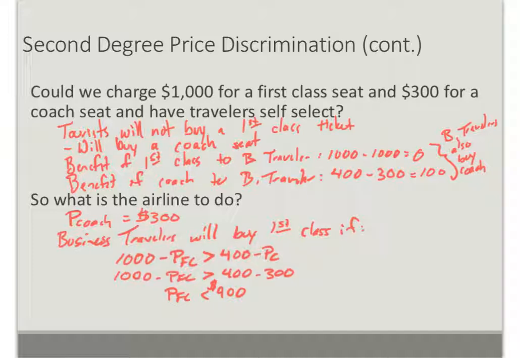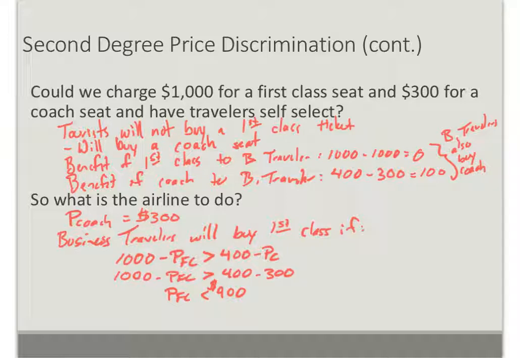If we charge $300 for coach, we will get tourists buying coach, and if we were at exactly $900, we will get business travelers being indifferent. Now, go to maybe $899, and suddenly business travelers we can rely on, they're going to self-select and they're going to buy that first class ticket.